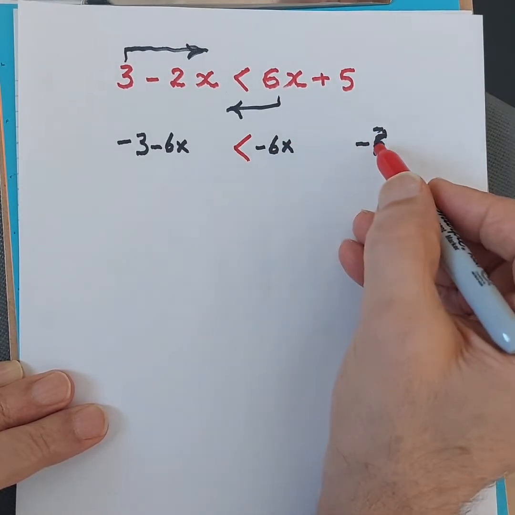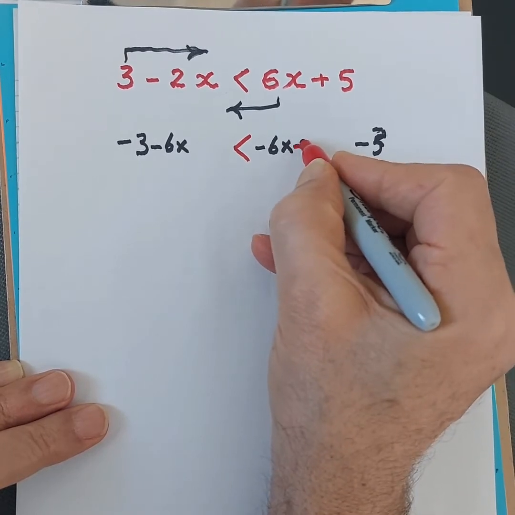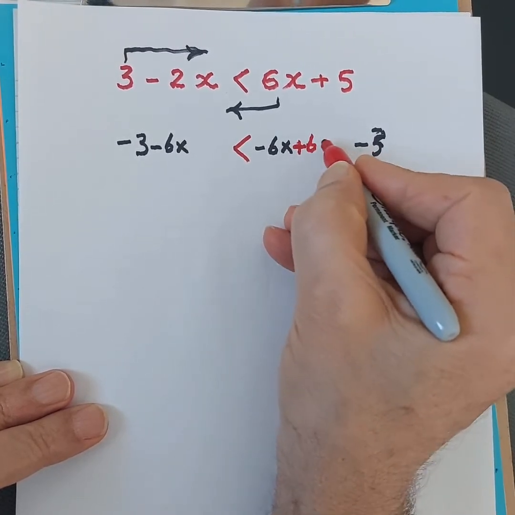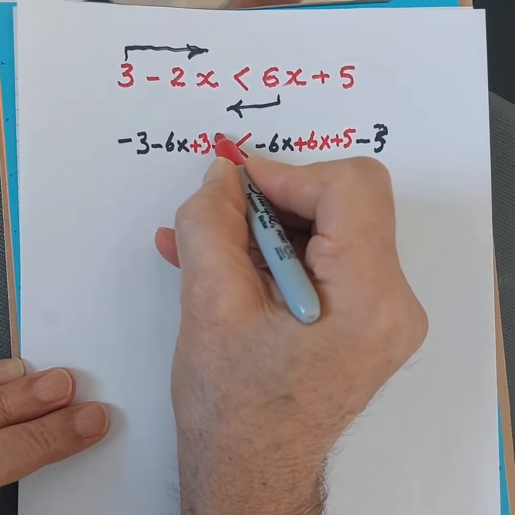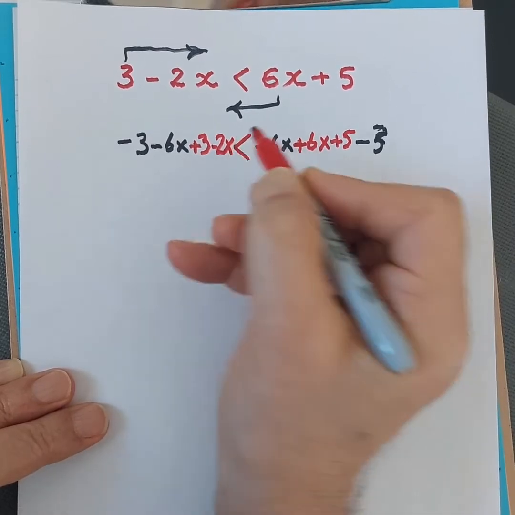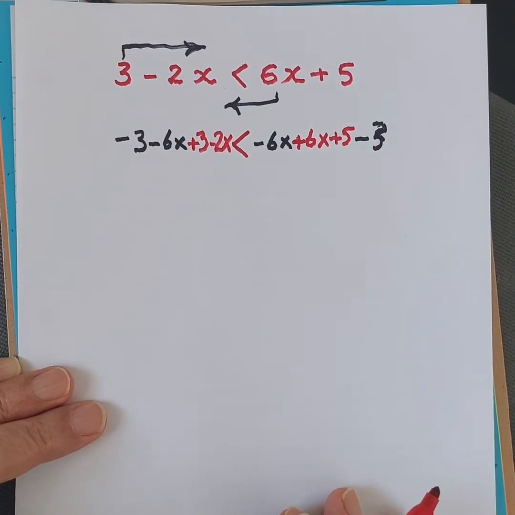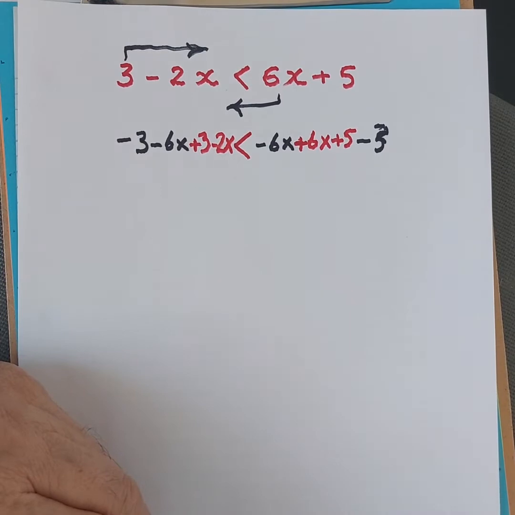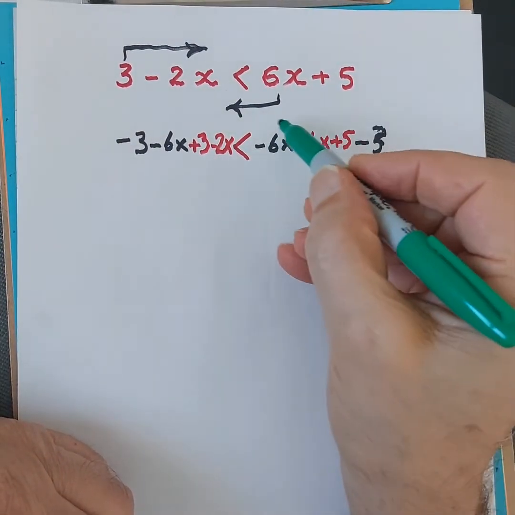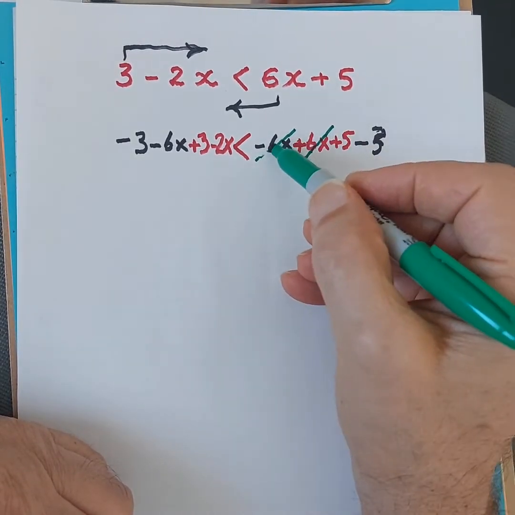Here we just added these two terms, and this will be written as it's given to us: 6x minus 5 plus 5, 3 minus 2x. So what we did is just adding these to both sides to cancel some terms from side to other. So now we can cancel negative 6x with positive 6x.